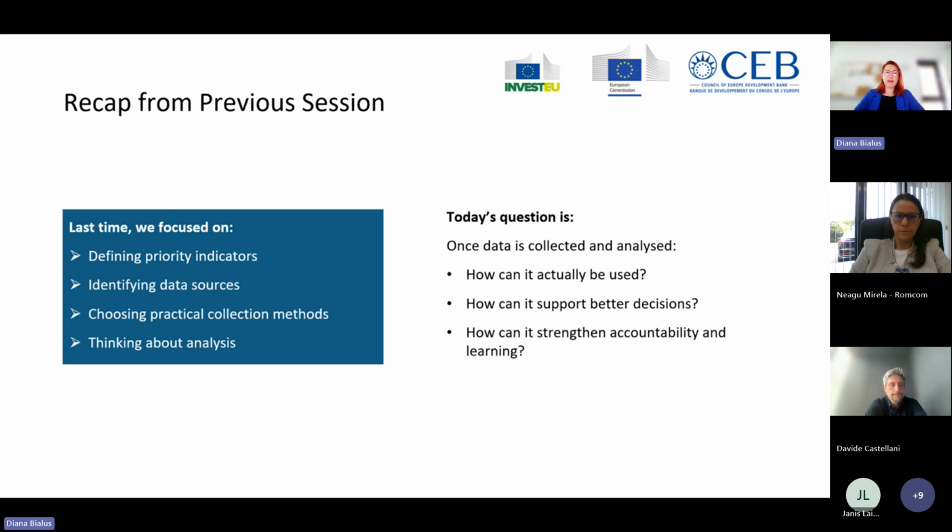And then we briefly covered the analysis of the data that you collect. So now, following the flow of impact measurement, the questions that we will discuss today are: once the data is collected and analyzed, how can it actually be used to support better decisions and how can it strengthen accountability and learning.